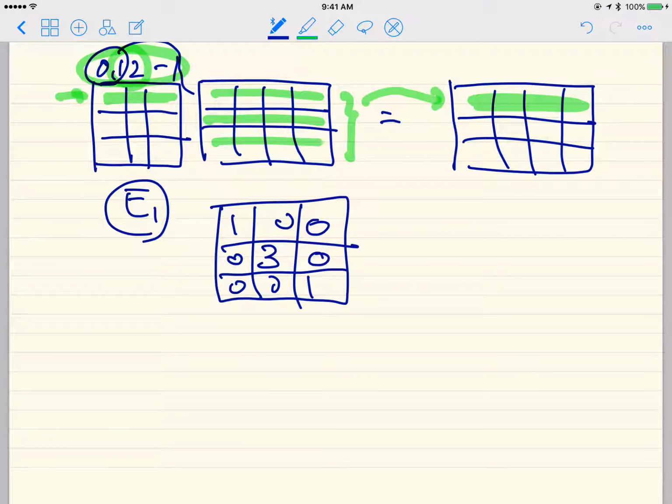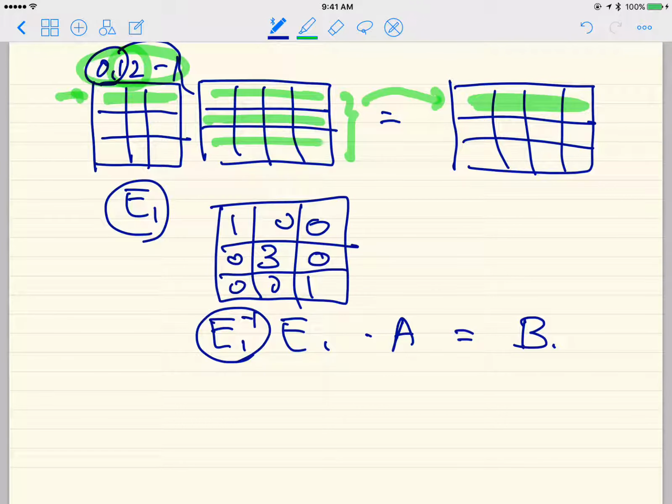Suppose this one is E1 times A, and suppose this matrix became B. Can we have some inverse matrix that actually transforms in the opposite direction? Can we recover the original matrix, from matrix B back into A?